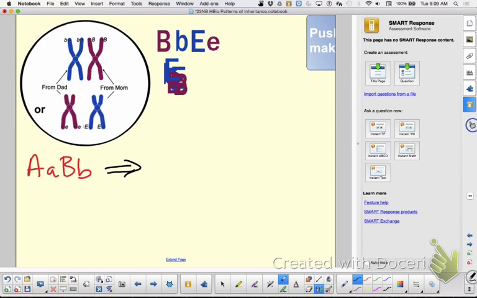Okay, how many different gametes will I get? Four. Tell them to me in order. Big A, big E. Big A, little b. Little a, big B. And little a, little b.